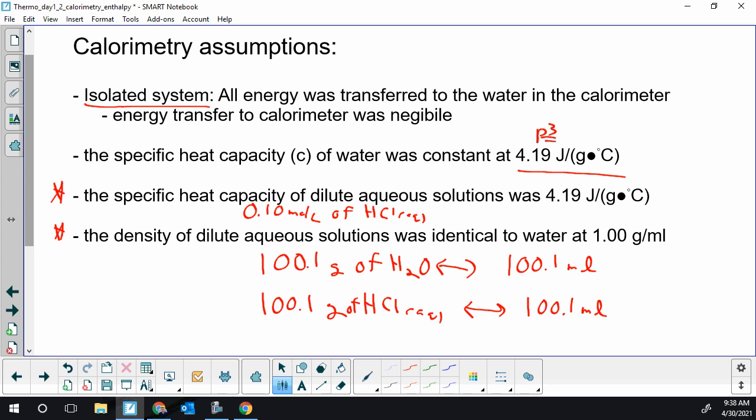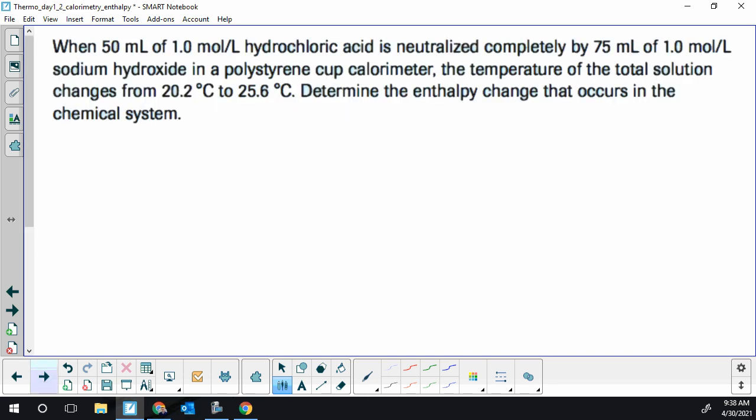So let's take a look at a question where you have to solve for enthalpy change. In a lot of the questions you're going to get in thermochemistry, you're going to have a whole bunch of data, and then the question is actually buried at the very end.